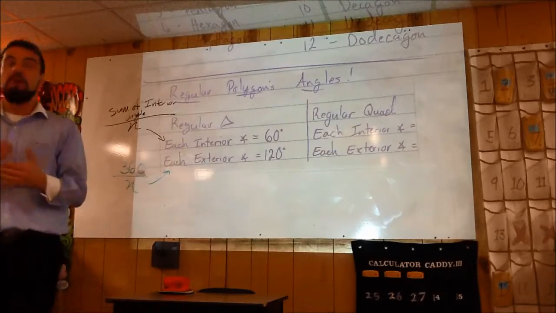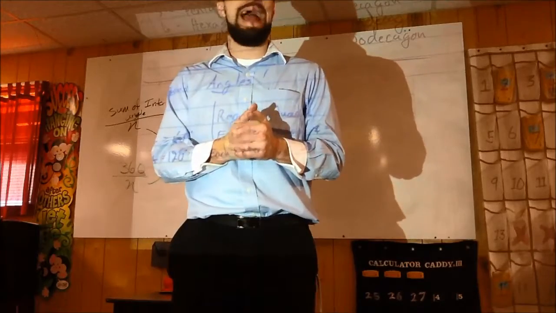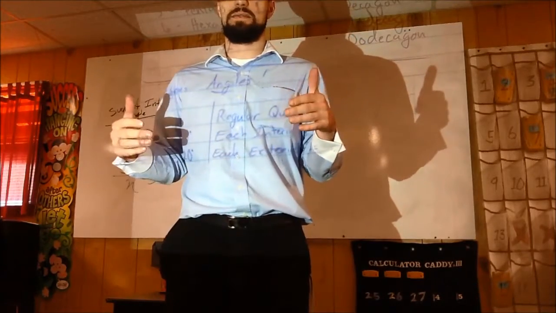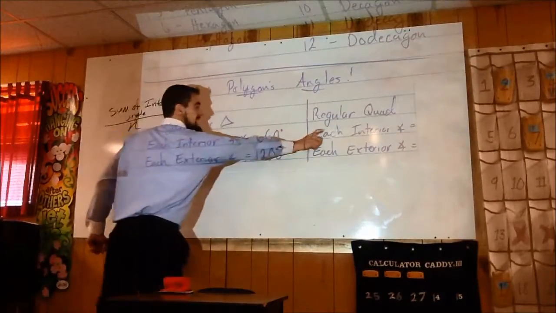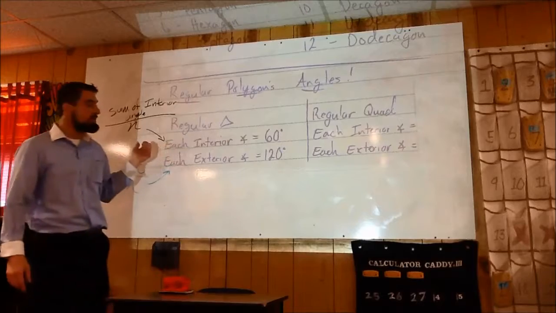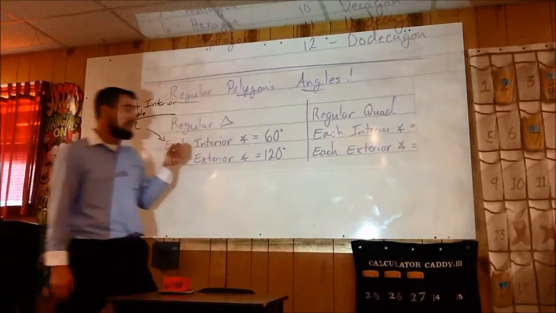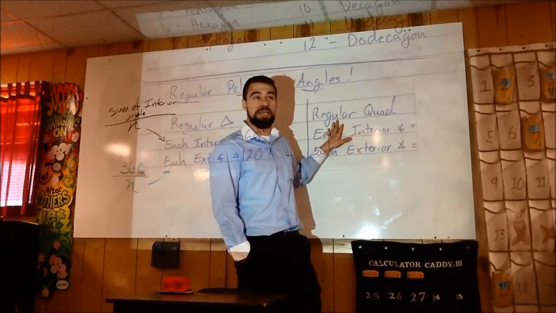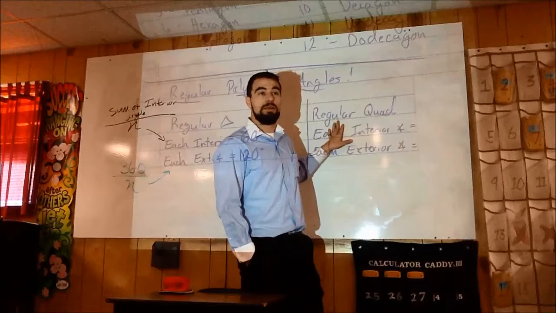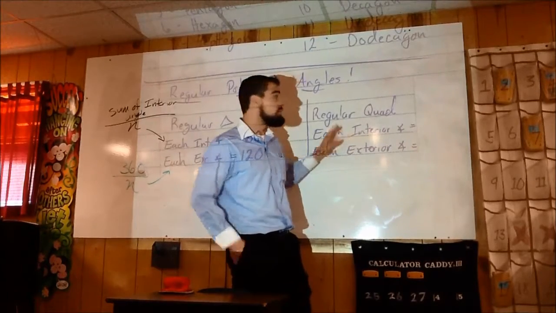The sum of the interior angles changes. What happens as you add more sides? The sum gets bigger and bigger. So the sum of the interior angles is not 180. We're not talking about a triangle anymore. We're talking about a quadrilateral that has 4 sides. So 4 minus 2 is equal to what? 2. And 2 times 180 is equal to 360.